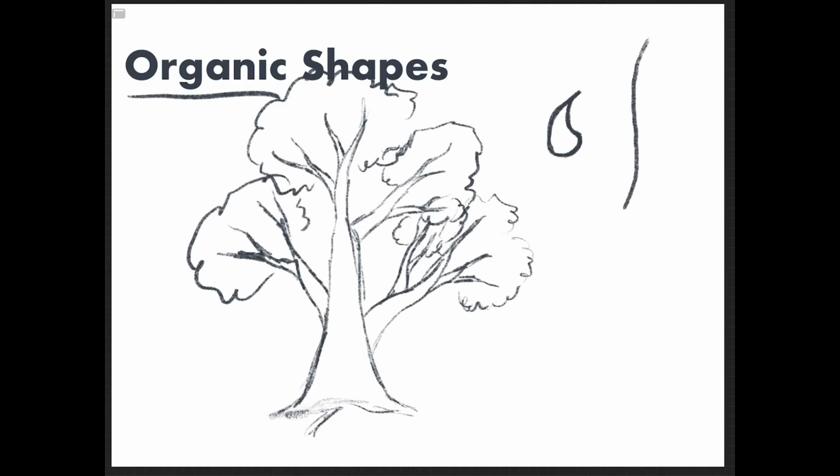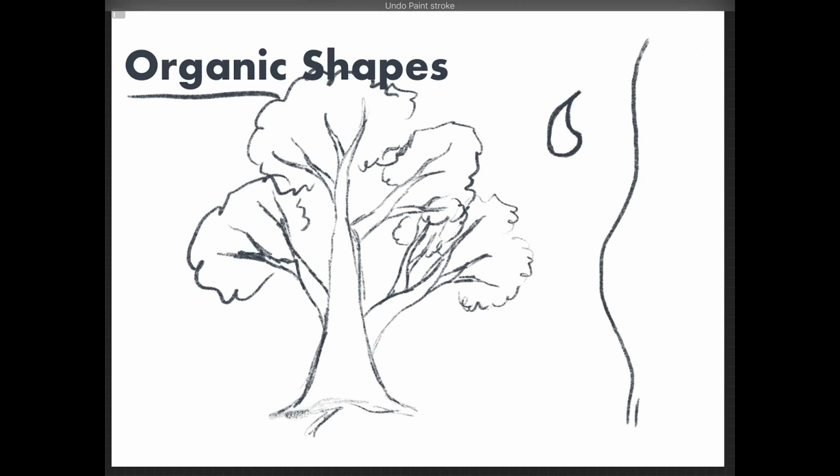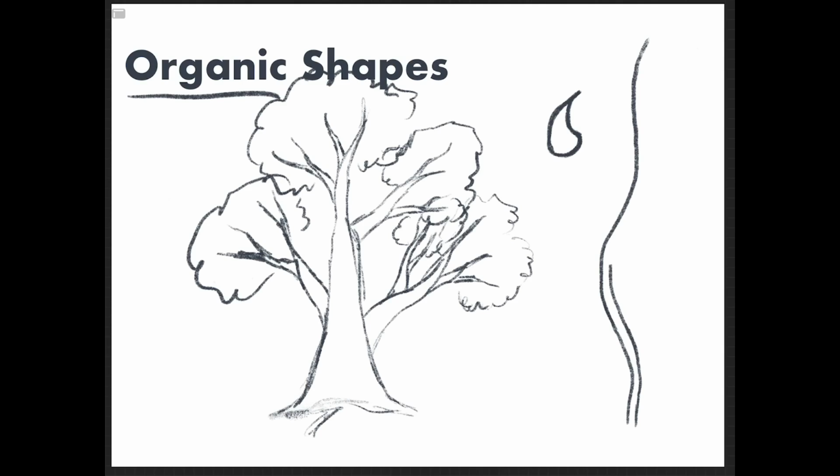A vine would be wavy and wiggly, but not like equal waves. Notice that this wave is different from this wave. And then, to give it some thickness, we will match that parallel.